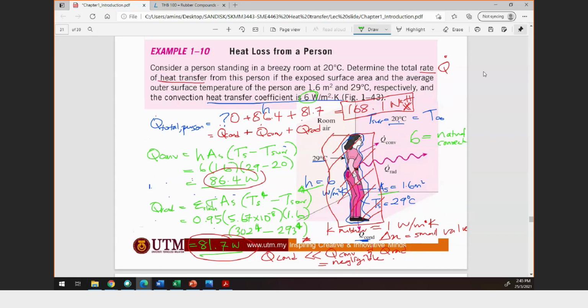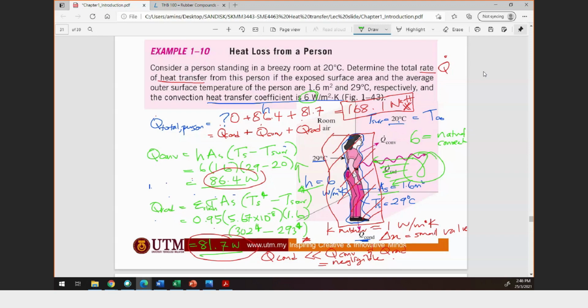So how to increase this value? You put some blower here. If you put a blower here, then you will increase the h. That's why people say, in order to release the heat faster, put a fan and blow the air. You can blow the hot water, so in order to reduce the temperature of the hot water, you blow it, and the temperature will go down.